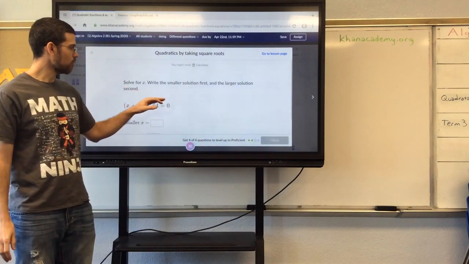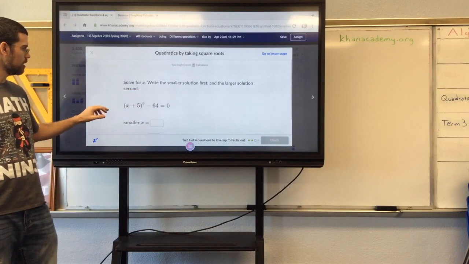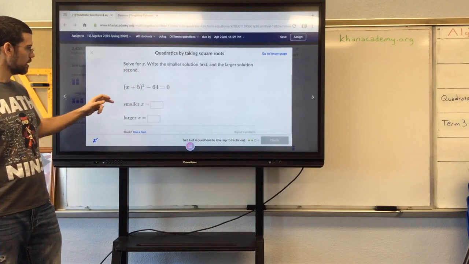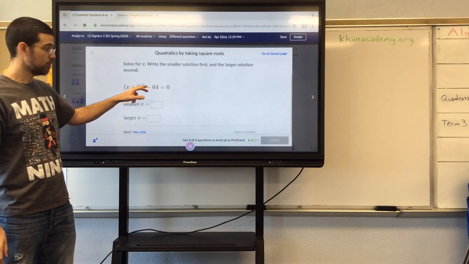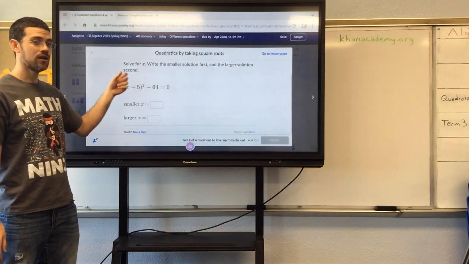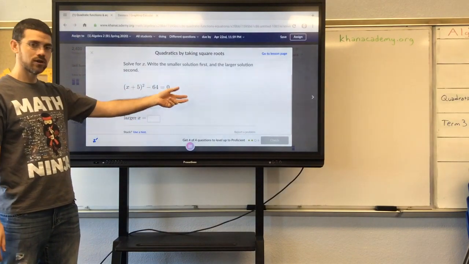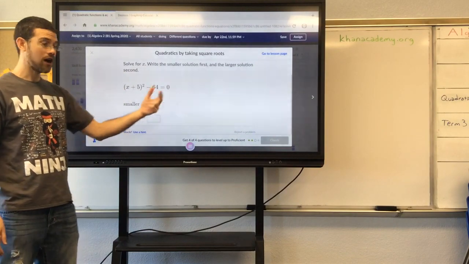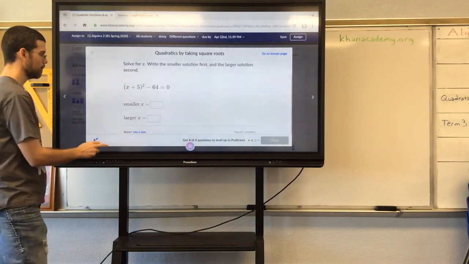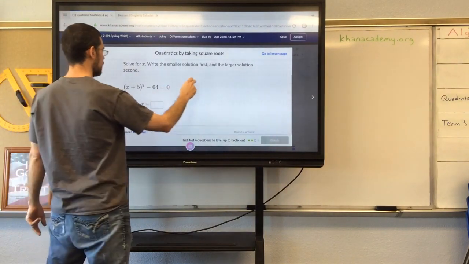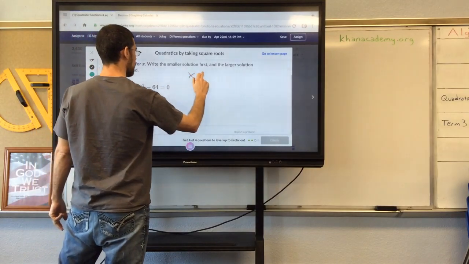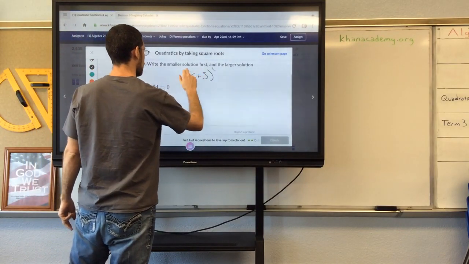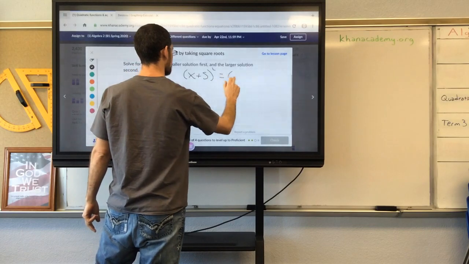Solve for x, write the smaller solution first and the larger second. Again, we're going to add 64, take the square root, subtract 5. That's the order we're going to go in. So we get x plus 5 squared equals 64.